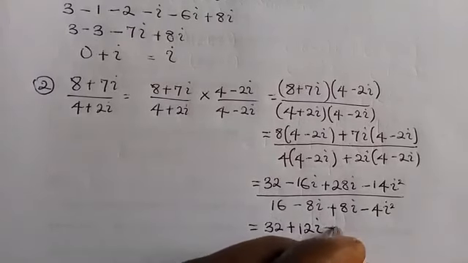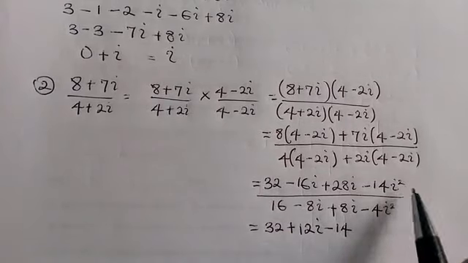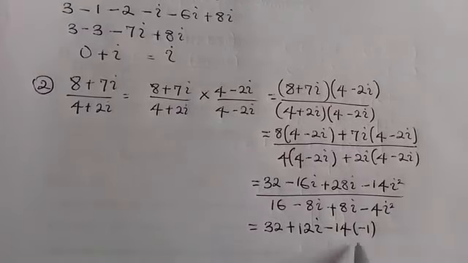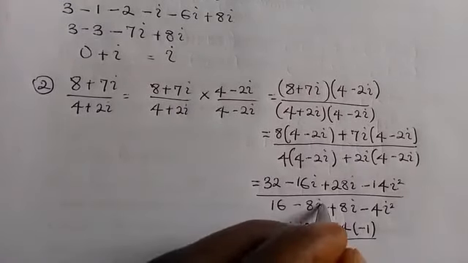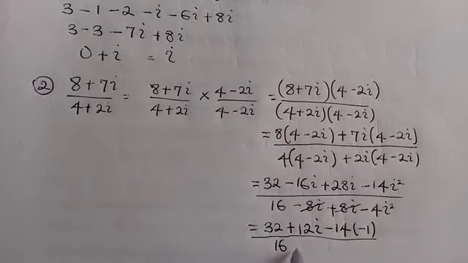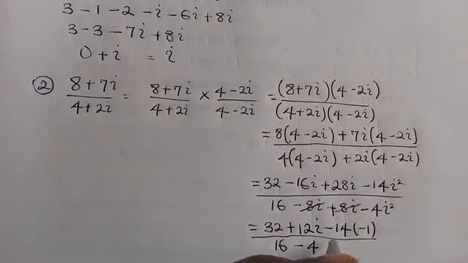Then minus 14. Remember, i squared is equal to minus 1, so we'll multiply this by minus 1. Then we'll divide this by minus 8i, we will go with positive 8i, and we are left with, in the denominator, 16 minus 4. Again, remember, i squared is equal to minus 1, so we'll multiply this by minus 1.